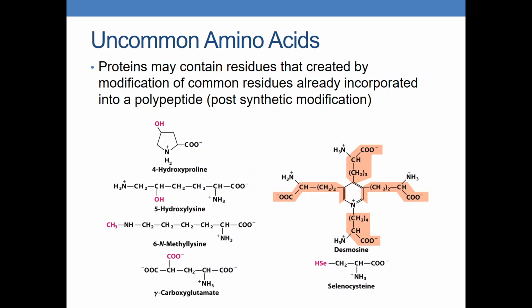And so one very, very important example here is, I'll draw your attention to gamma carboxyglutamate. This is an amino acid that is found in various blood clotting proteins, with one example being prothrombin, and in other proteins that bind calcium.